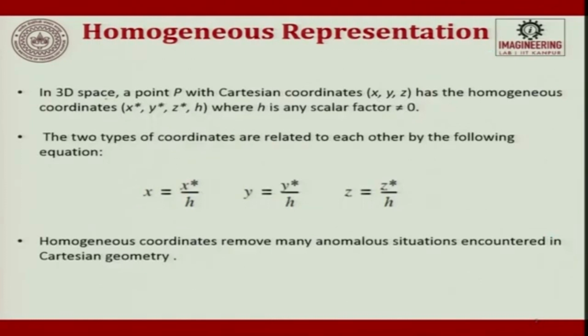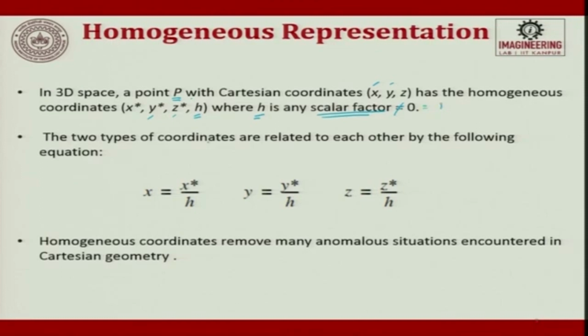In 3D space, a point P with Cartesian coordinates x, y, z has the homogeneous coordinates x star, y star and z star with a term h, where h is the scalar factor, which should never be equal to 0. Normally, we take the value of 1.